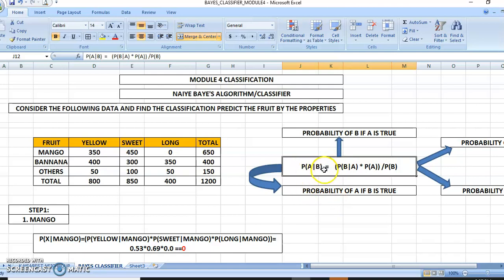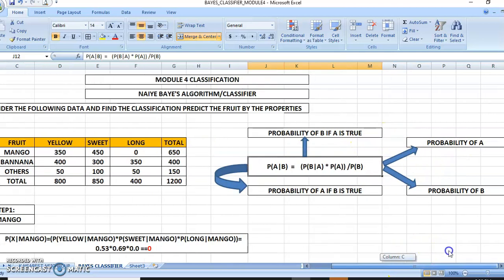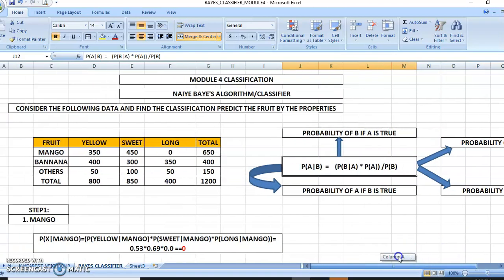That is, if B is true, the probability of A is given by the probability of B given A, into the probability of A, the whole divided by the probability of B. These two are given respectively as probability of A and probability of B.